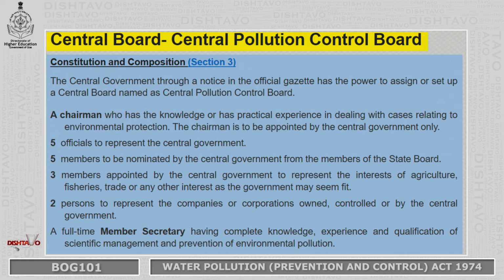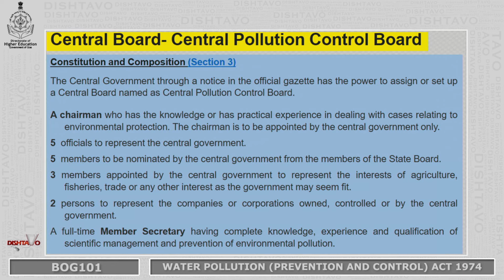There are 3 members who are appointed by the central government to represent the interest of agriculture, fisheries, trade, or any other interest as the government may deem fit. So if there are more interests, then the members will increase. Then 2 persons to represent different companies or corporations which are owned or controlled by the central government.